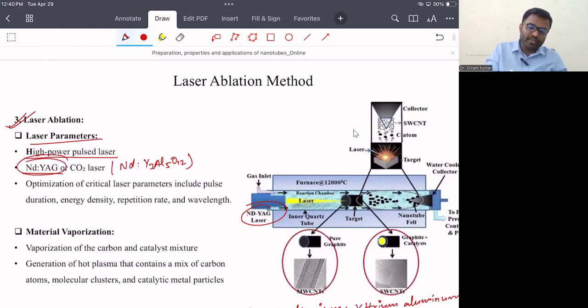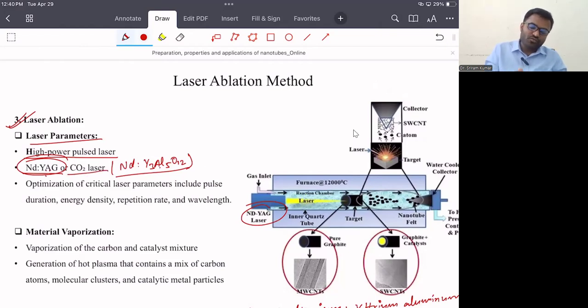Nd is neodymium, and in YAG, Y is for yttrium, A for aluminum, and G for garnet. This is the formula of the Nd:YAG solid state laser.